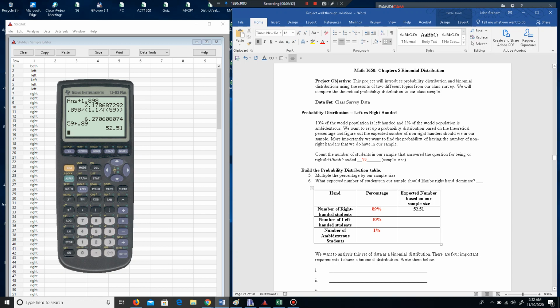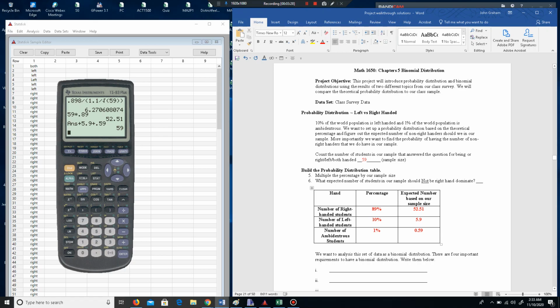And 59 times 0.10, or 10%, is going to be 5.9. And 0.01 times 59 is going to be 0.59. We can add these up: 52.51 plus 5.9 plus 0.59 gives us back our 59. So that should always add up to the same amount, and the percentages have to add up to 1.